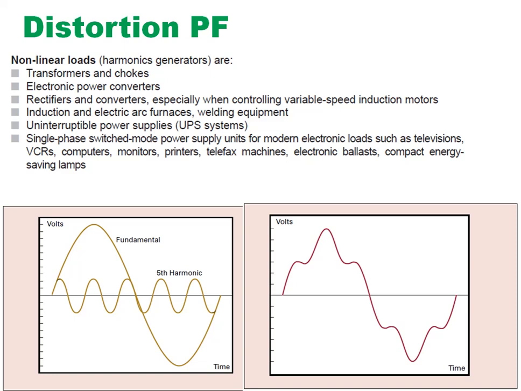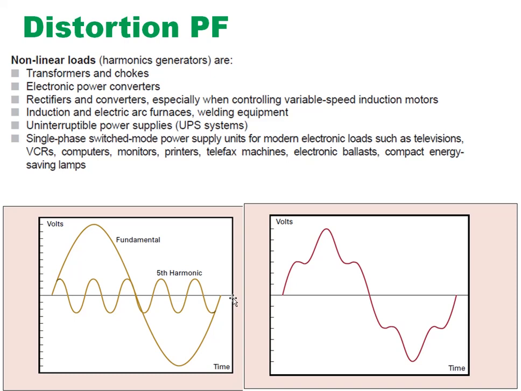What is meant by harmonics? That also we have to see here. In this waveform we are seeing the fifth harmonic. This waveform is called the fundamental. This is our required supply voltage. But in addition to this, we also get this one: 1, 2, 3, 4 and 5, so it's called the fifth harmonic.